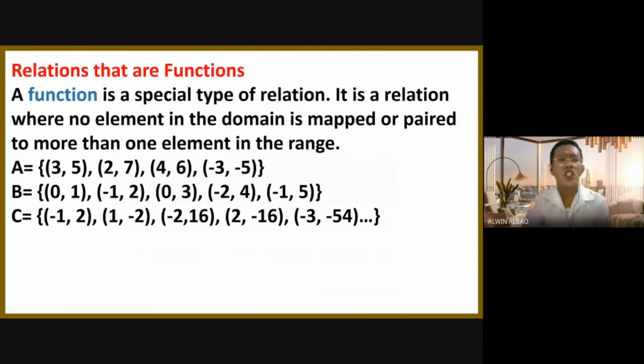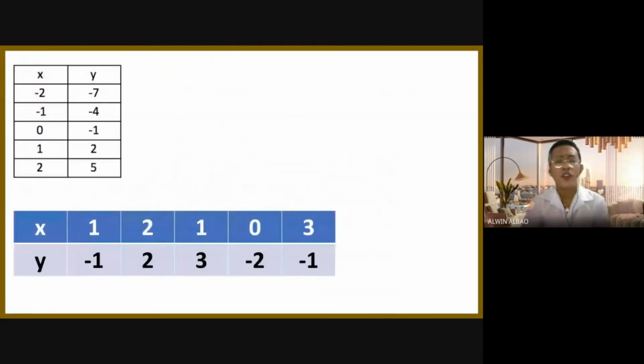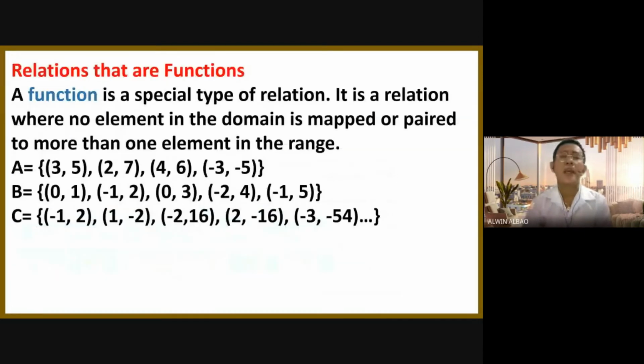Okay, so a relation that is a function. A function is a special type of relation. It is a relation where no element in the domain is mapped or paired to more than one element in the range. So meaning to say, dapat yung domain natin ay hindi nauulit yung values niya. So one element lang kailangan. So let's identify. So we have here a set of ordered pairs.